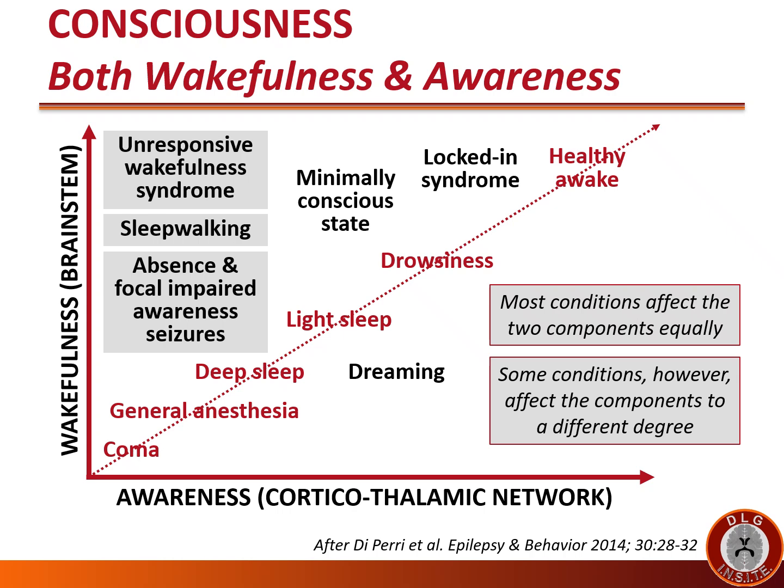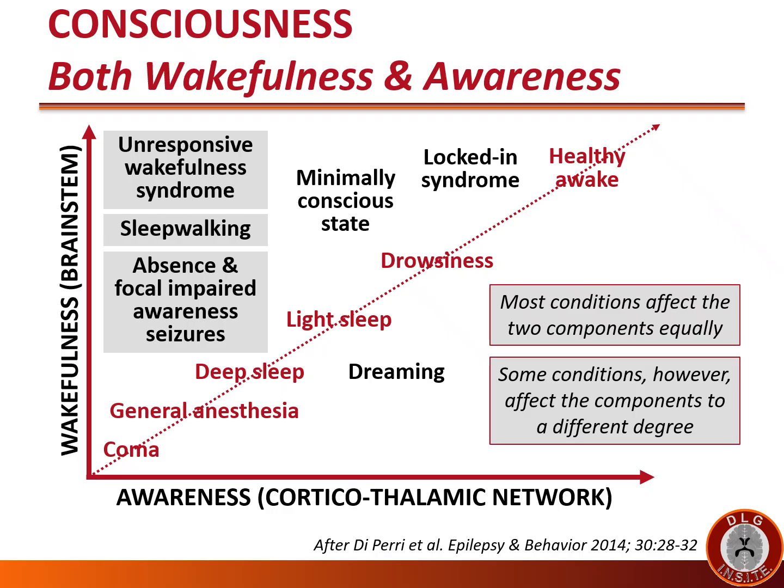This slide shows a graph of wakefulness on the y-axis and awareness on the x-axis to show you that some conditions affect both equally, and most do, and others affect one more than the other. And along the line where they are equally affected, a healthy awake person is both awake and aware, whereas a comatose person is neither awake nor aware.